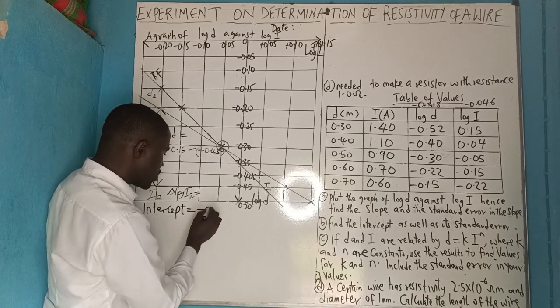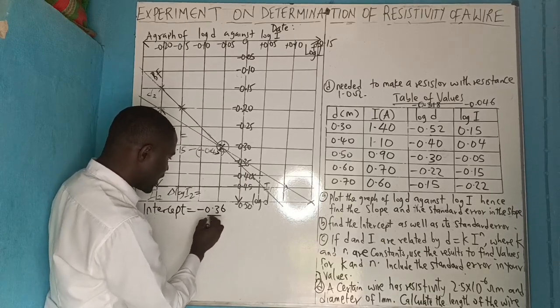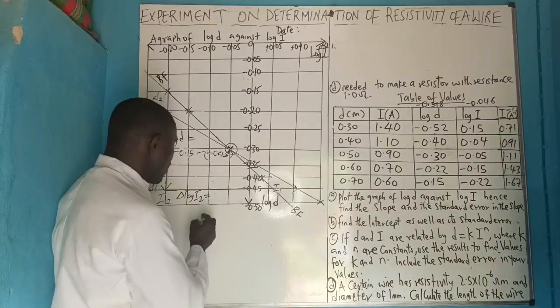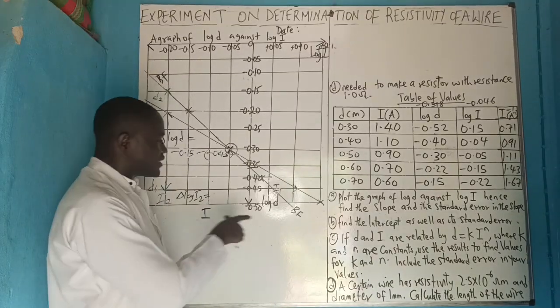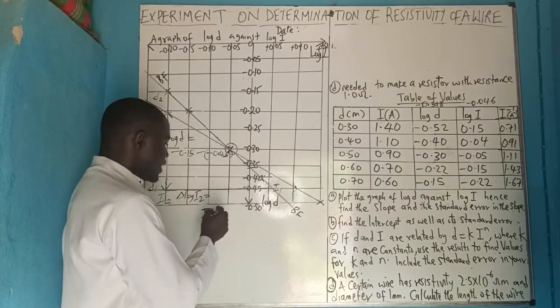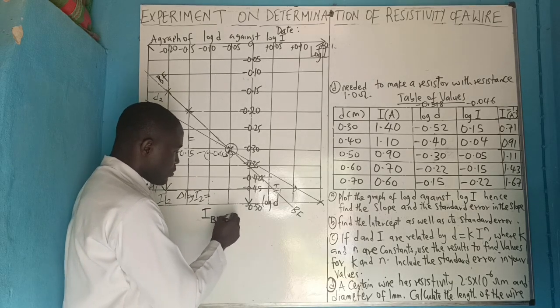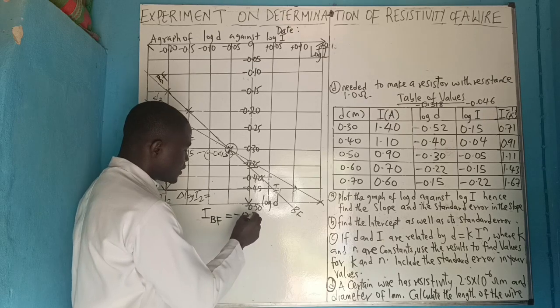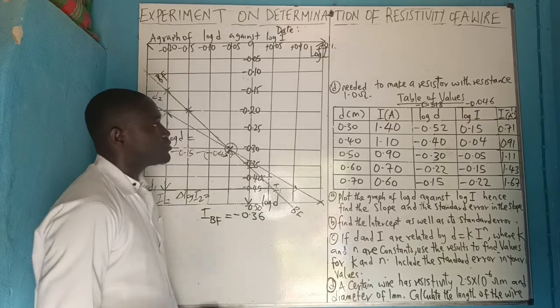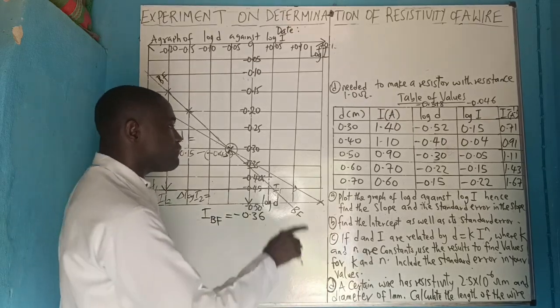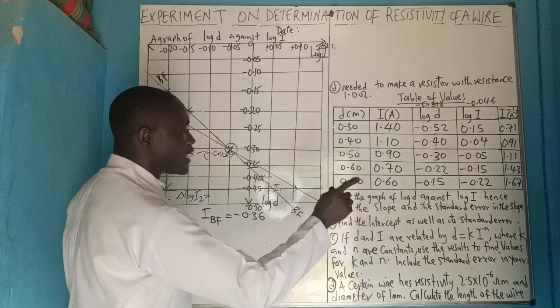You say minus 0.36. That is our intercept. We have gotten our I, which is the intercept. The intercept of the best fit is equal to minus 0.36. Yes. Now they say also find its standard error.